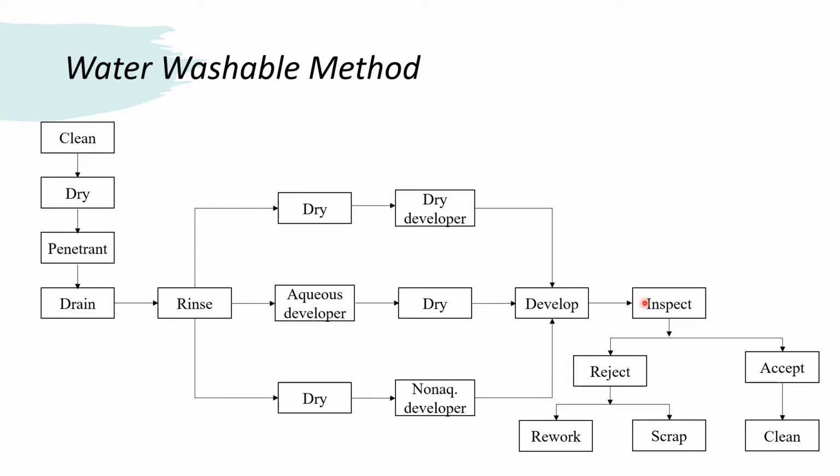In inspection, there are two outcomes: accept or reject. If it is accepted, then go for cleaning. If it is rejected, then rework or scrap. So this is the water washable method.